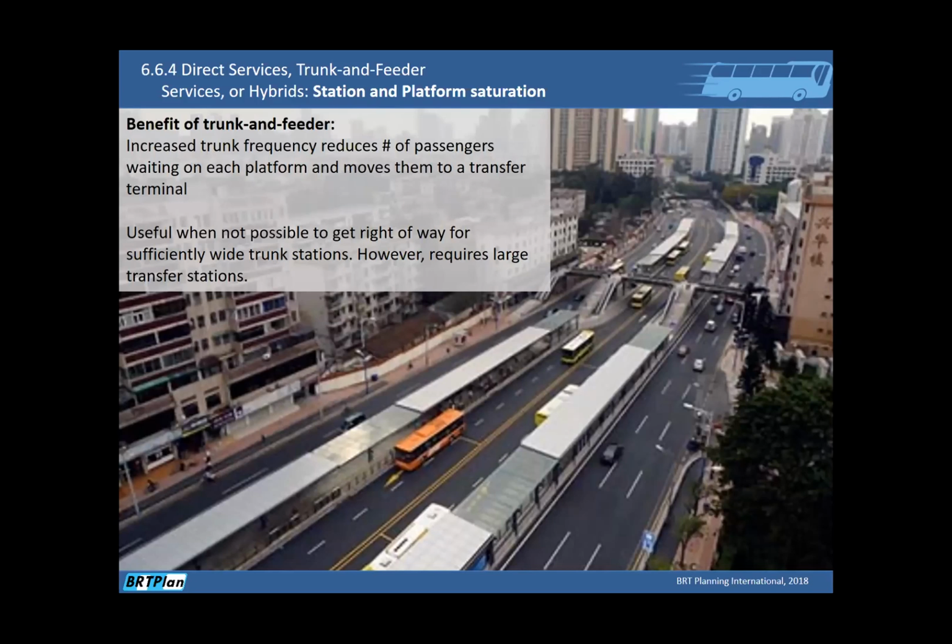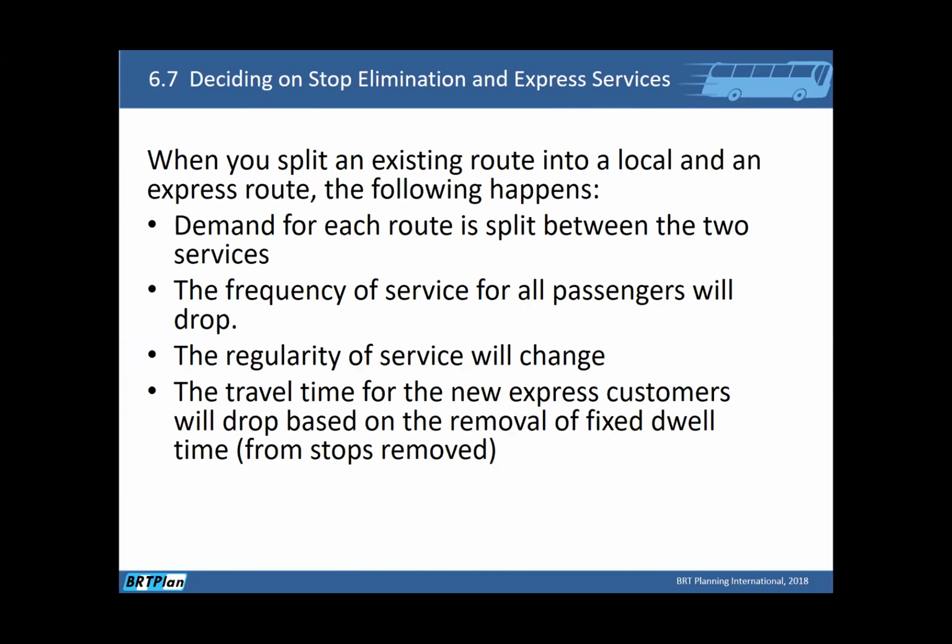So if you don't have the width for a station platform, trunk feeder moves that transfer point to a transfer terminal at the ends of the corridor where it would probably be easier for you to get land. So that's something you might have to factor in.